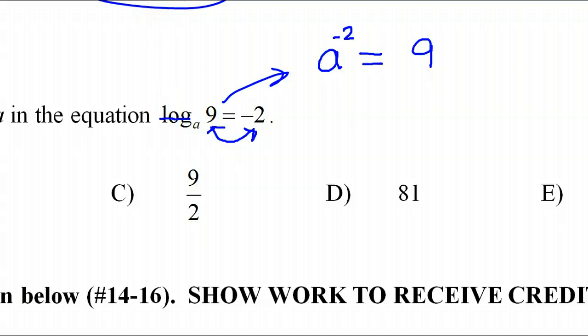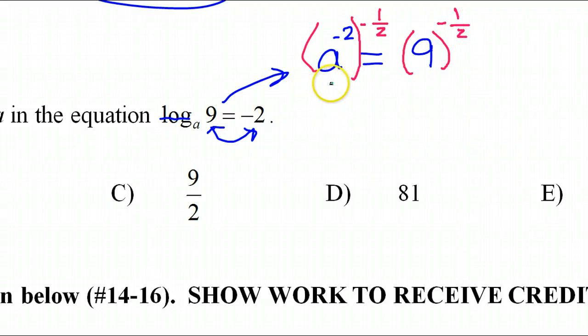If I want to get rid of that negative 2 power, my recommendation to you is to do the reciprocal. So I'm going to do negative 1/2 power. Of course, I have to do it to both sides. Negative 1/2 power. Okay, now on this side, a negative 2 and a negative 1/2 being reciprocals and all, these just cancel each other out.